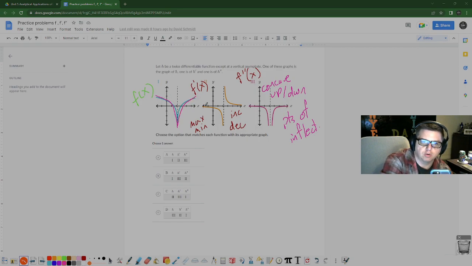So then the first derivative needs to be below the x-axis until we get to the asymptote, and then above the x-axis after the asymptote. And then both of them, the bowl is opening down, so that's concave down, concave down. So it should be 1, 2, 3 is our original, derivative, second derivative.